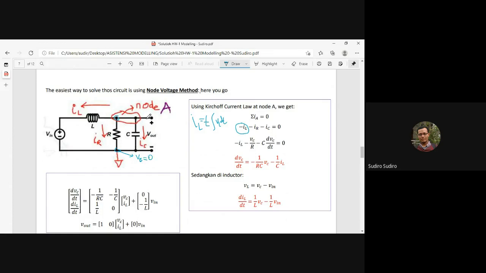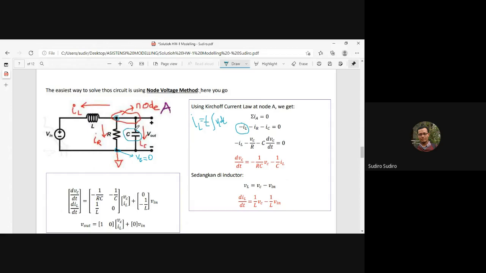So we can say that the voltage across the resistor is Va, or equal to the voltage at node A. And if we look at this circuit again, we know that the resistor is parallel with the capacitor.